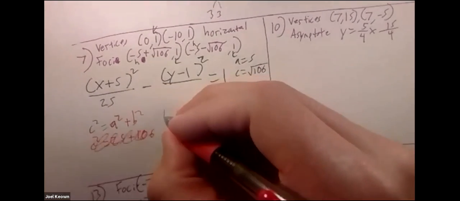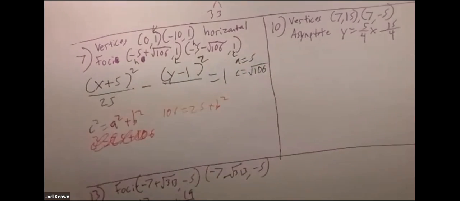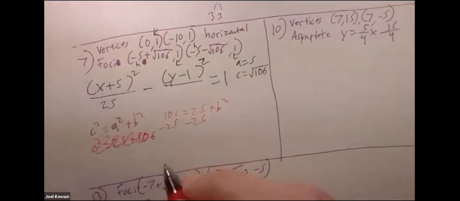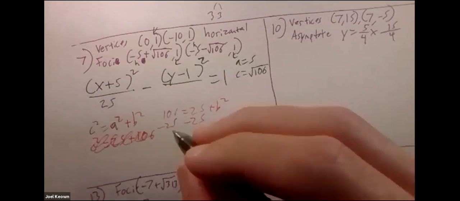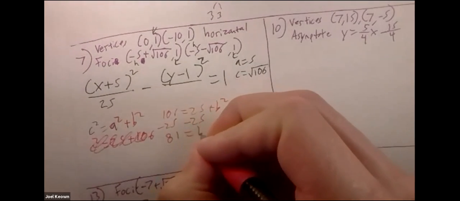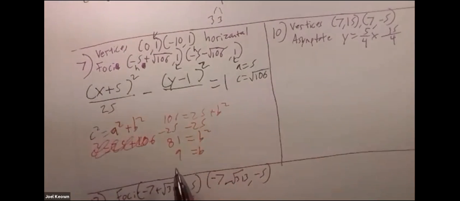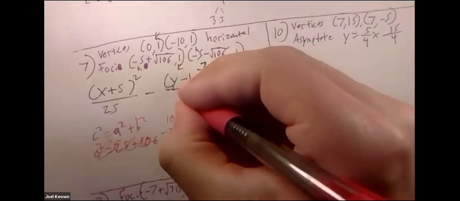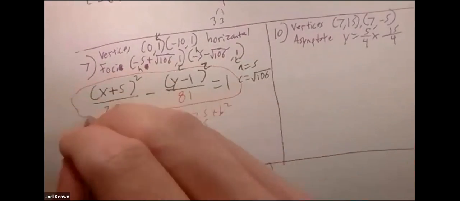So 106 equals 25 plus b squared. There we go. Subtract 25 from both sides, and I get 81. b squared, of course, the square root of 81 is 9, but all I really care about is the b squared, which is 81.